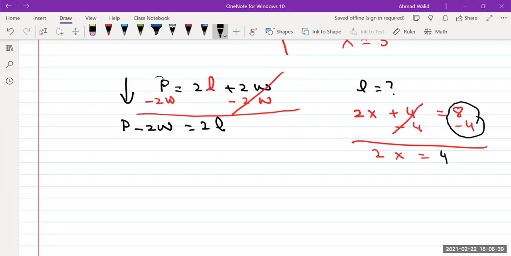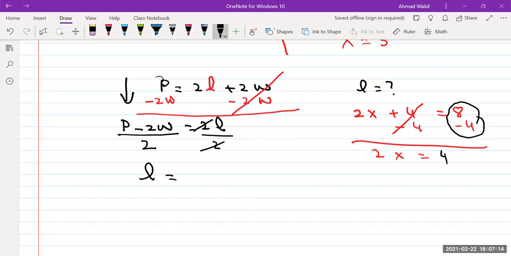The only difference between solving an equation and solving a formula for a specified variable is that here you cannot simplify. You have to rewrite, correct? With the numbers, yes, you can simplify, but with the variables, you have to keep them. You see, it's P minus 2W, and I write P minus 2W. Now, solving for L, it means divide both sides by 2.